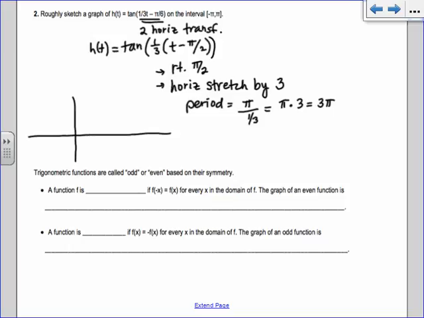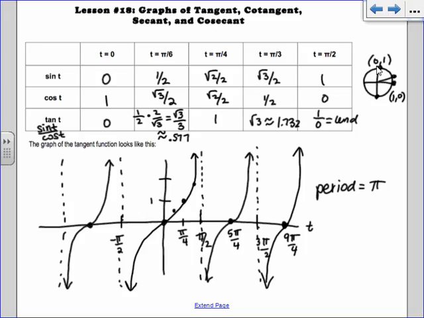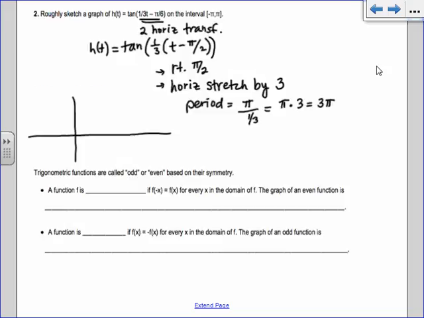And we're also going to move to the right pi over 2. So the important point, looking back at our graph, is what I call the starting point. We're going to graph that starting point shifted over to the right pi over 2. So we're going to go over to pi over 2, and that's my starting point. And then the period is 3 pi. So from this starting point, I'm going to go to the left and to the right by 1.5 pi, so 3 over 2 pi and negative 3 over 2 pi.